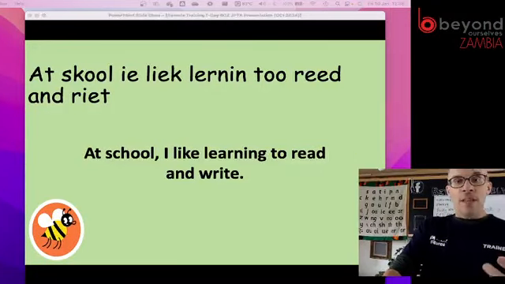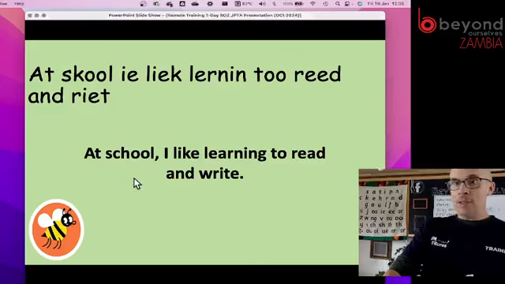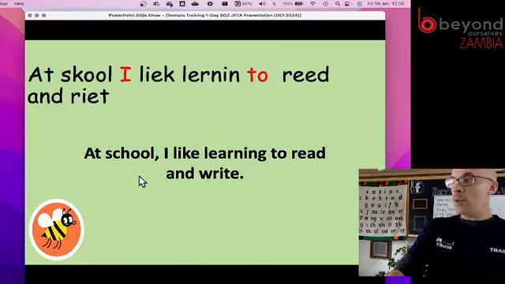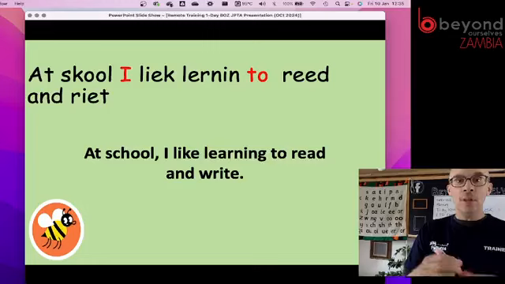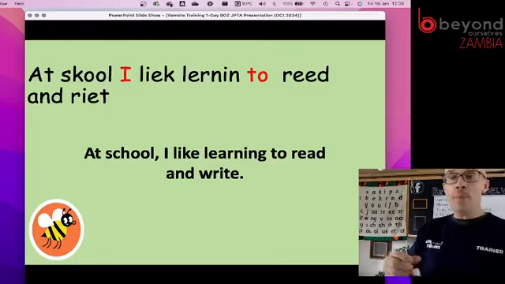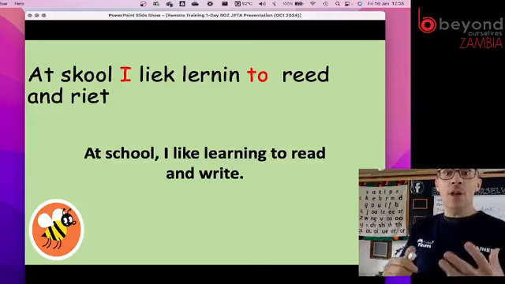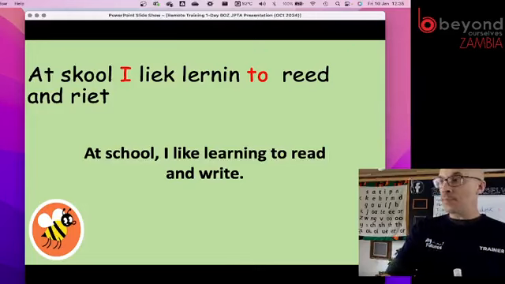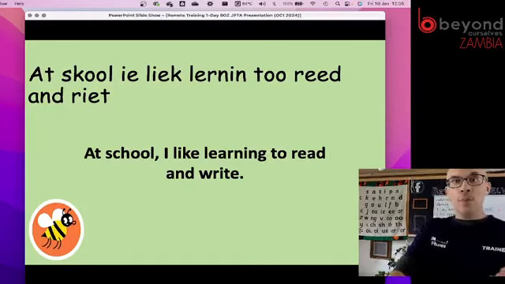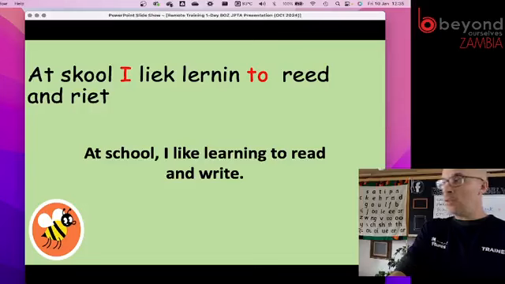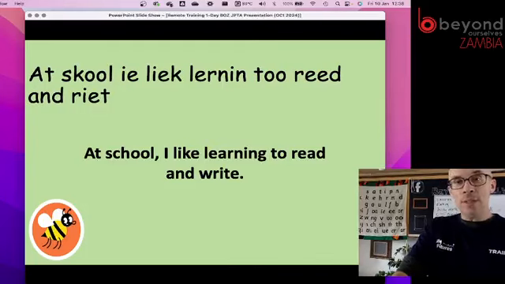Now, obviously, that's not where we want to leave our learners. So if they're doing that, then we want to make sure that we do teach them some other words as well. So maybe before we teach them the alternative sounds, that's when we want to introduce tricky words to them. Because actually in this sentence, the words I and to, if you see those changing into red there, are really common words that children can learn to spell really easily.